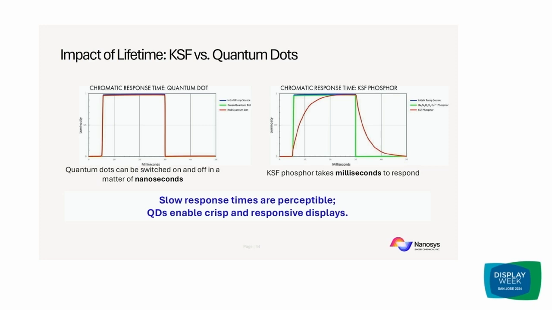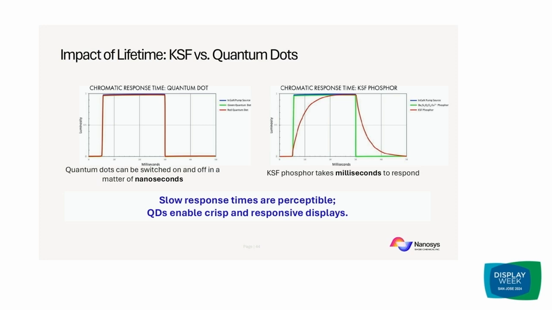In contrast, typical narrowband phosphors that are out there today, things like potassium fluorosilicate or KSF phosphors, the red component is a lot slower, and it needs time to warm up and cool down, and that can actually take several milliseconds. So you can see two response diagrams here. On the left side, it's quantum dots. The x-axis is milliseconds. When plotted on this timescale, you can see that the response of the blue, green, and red channels is essentially a square wave in this case. So this is for quantum dots.